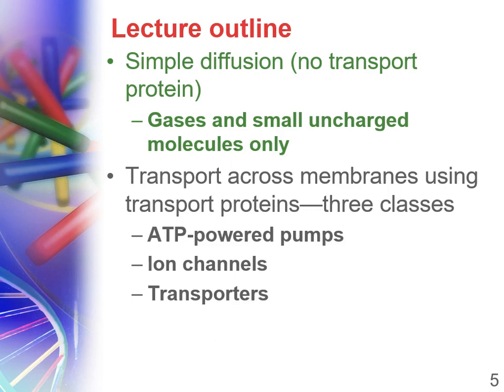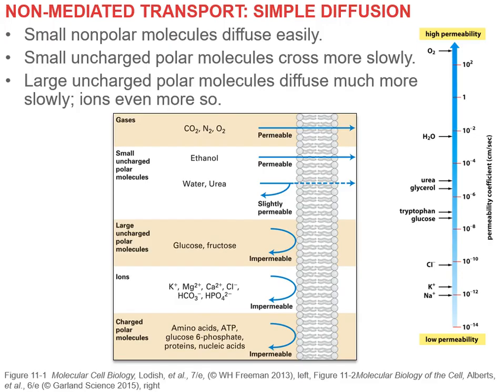Here, there's no transport protein at all, and this involves gases and small uncharged molecules only. In my graph right here, because the membrane has this hydrophobic interior, small uncharged molecules like gases can go across without a transporter, but large polar molecules, that's not shown here, it's not really a size thing, it's a polarity thing.